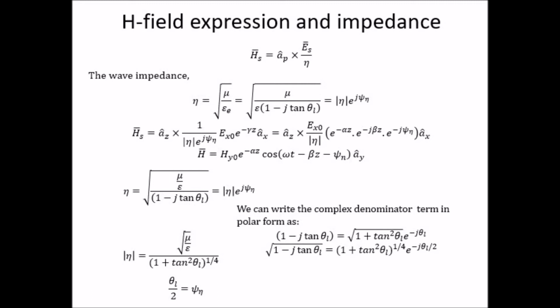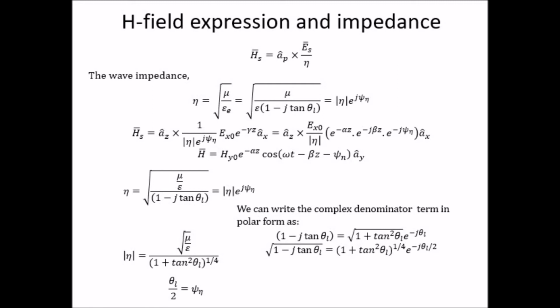If you take the square root of the polar component, the magnitude will be a square root, but the phase angle will be halved. Now the magnitude of eta will be square root of mu over epsilon times 1 over (1 plus tan squared theta_L) to the power 1/4, and the phase angle is theta_L over 2, where this angle is called the wave impedance phase angle psi_eta.